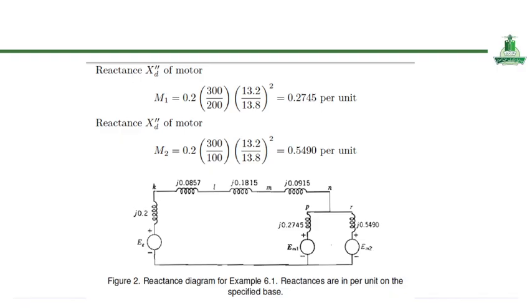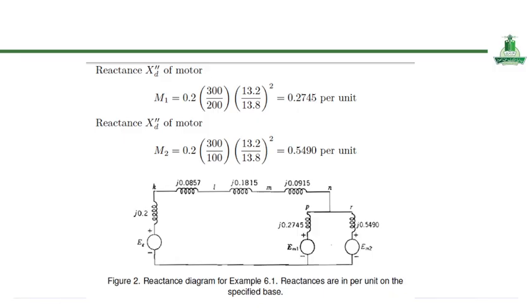Okay, this slide completes the per unit conversion by incorporating the subtransient reactances of the motors and presenting the final reactance diagram of the system. The subtransient reactance X"d of each motor is converted to the common base using both power and voltage scaling factors. We can use this relationship.